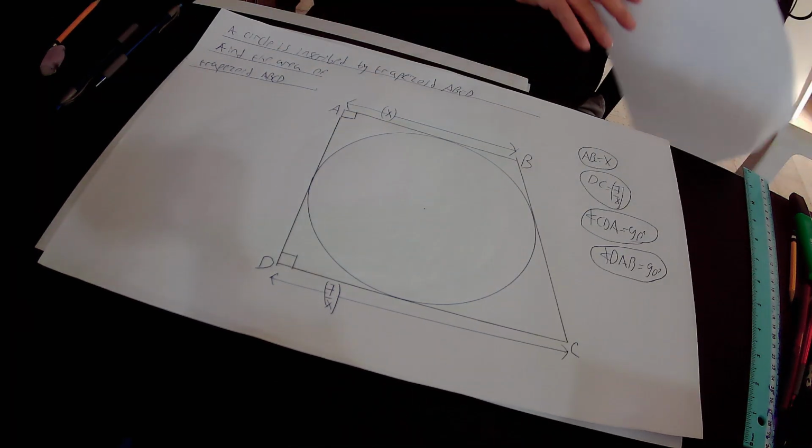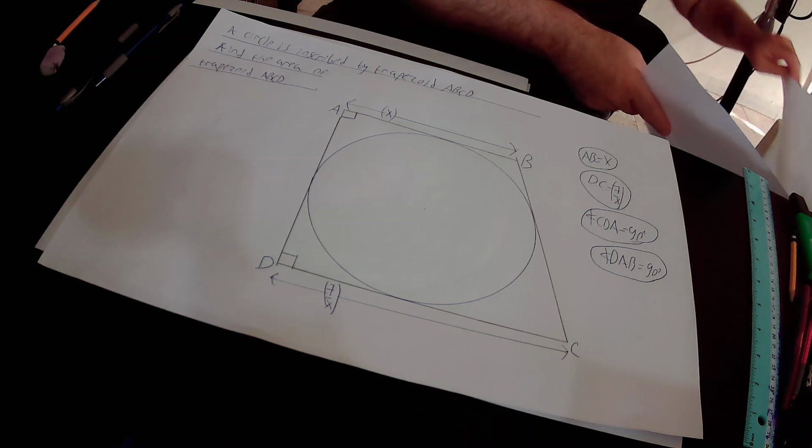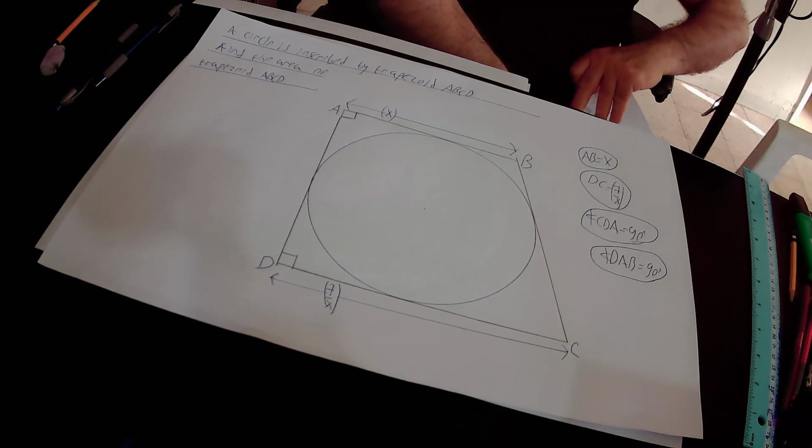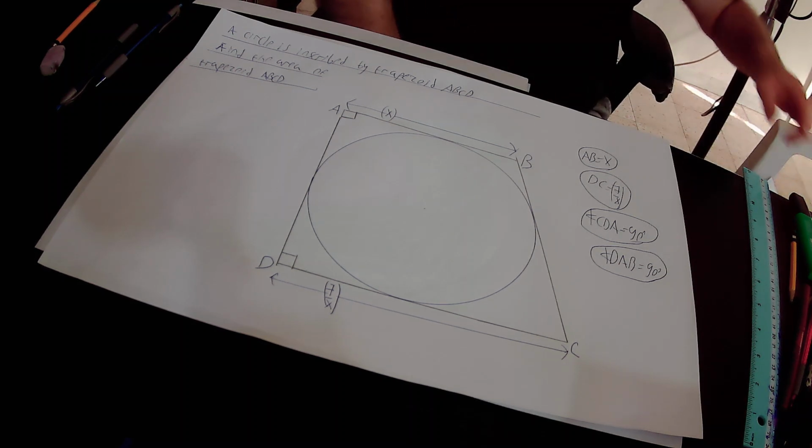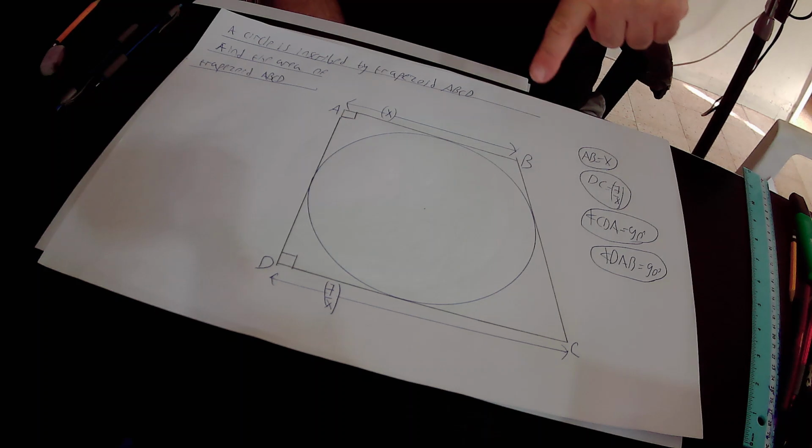So, first of all, we will define the points of tangency of trapezoid ABCD with this circle with letters.